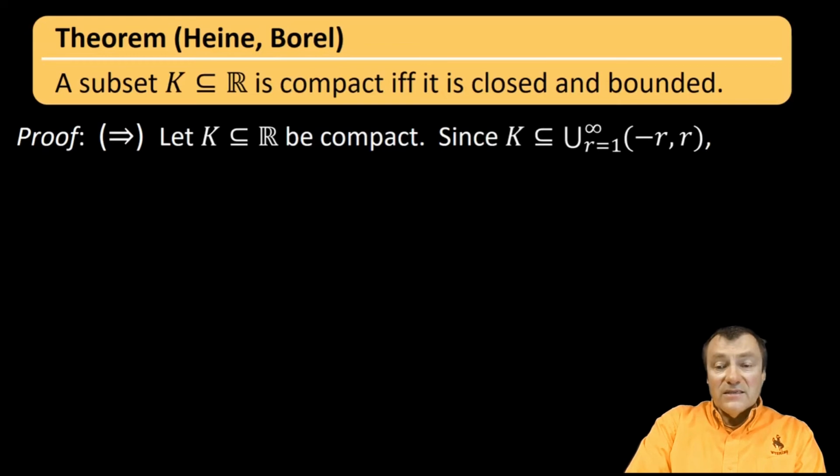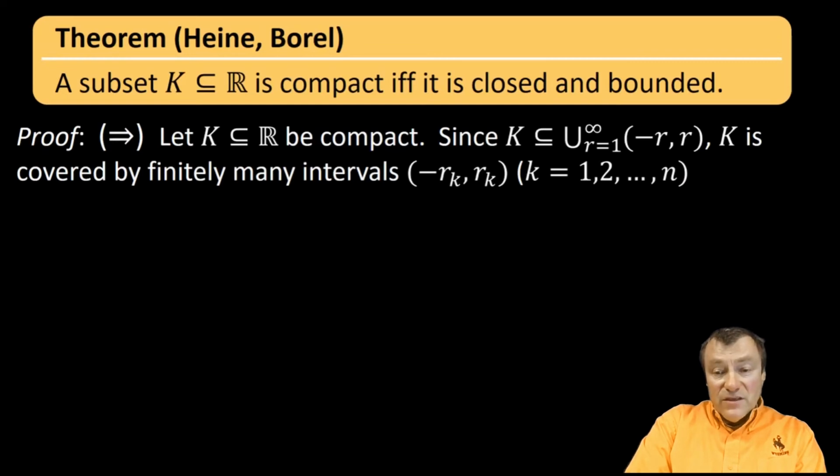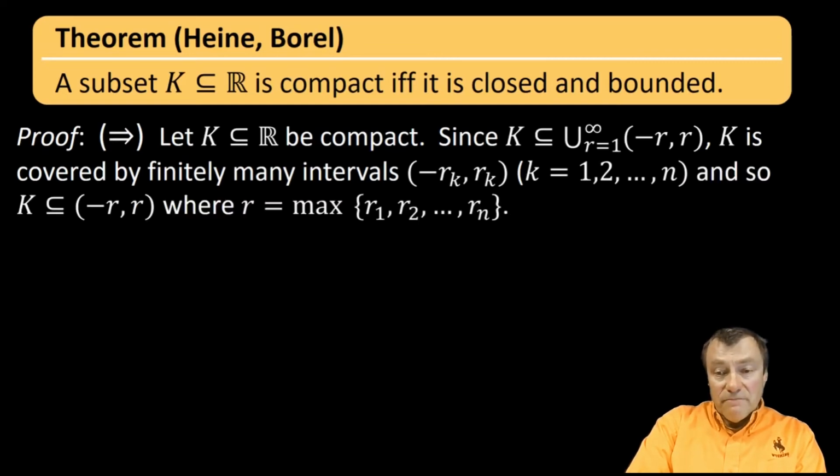Since K is covered by the open intervals centered at the origin, a finite number of these intervals must suffice to cover K, meaning that K is covered by the open interval centered at the origin, having radius r given by the maximum of the radii of the finitely many intervals. This says that K is bounded.